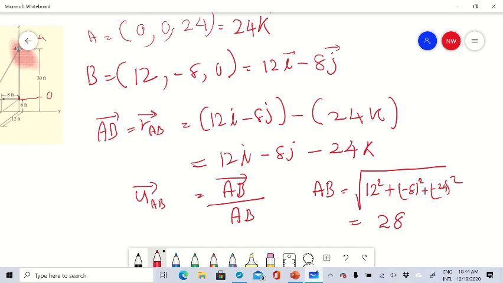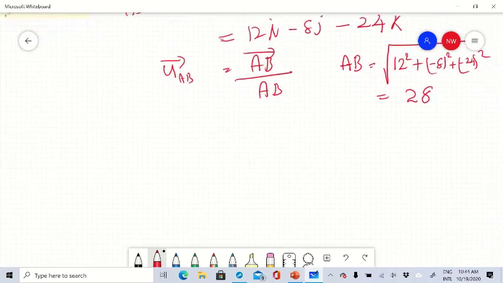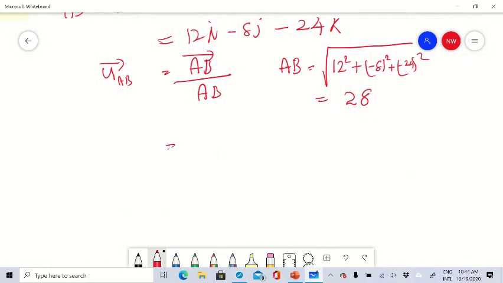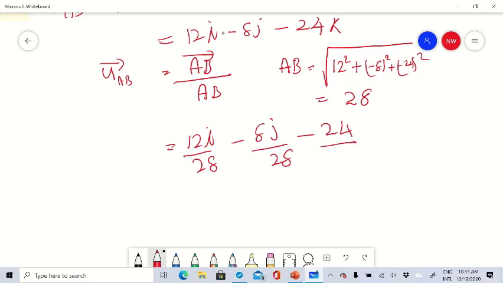So then UAB is equal to 12i divided by 28 minus 8j divided by 28 minus 24k divided by 28, right? So this is the unit vector along the AB direction.